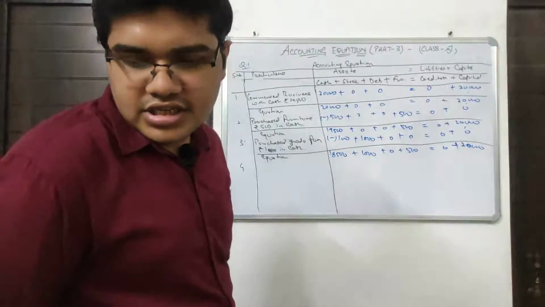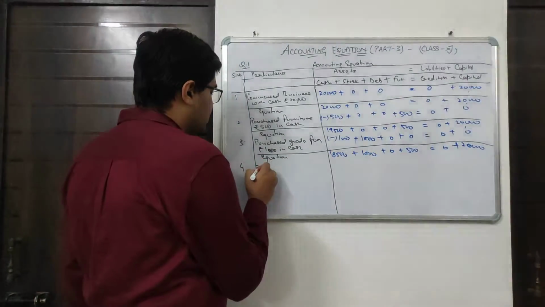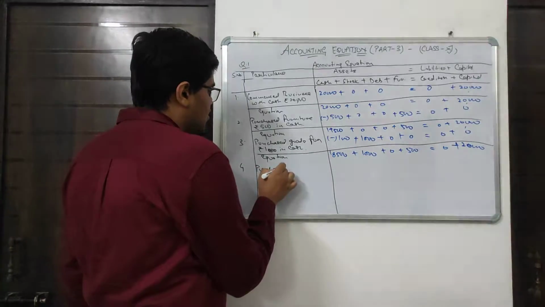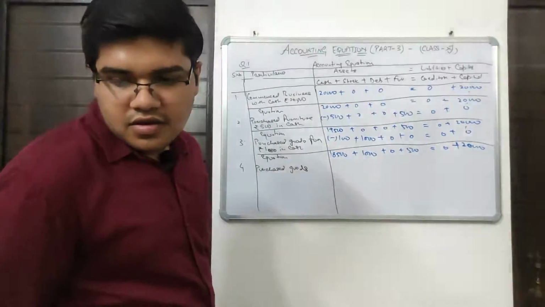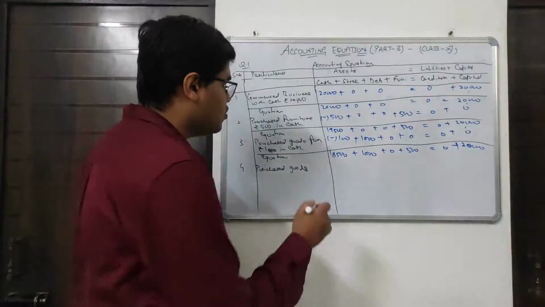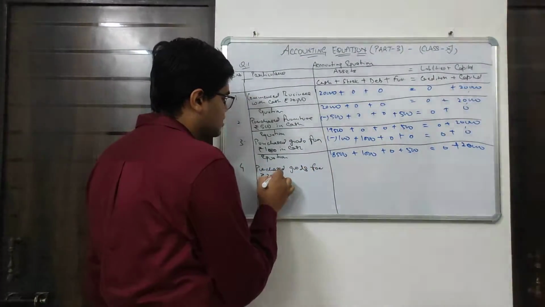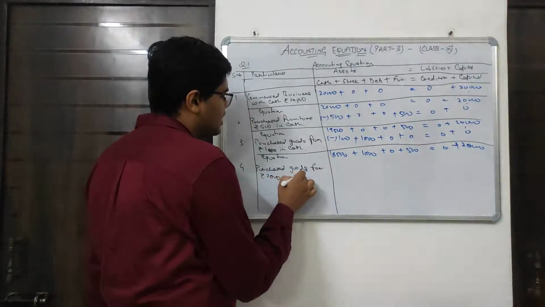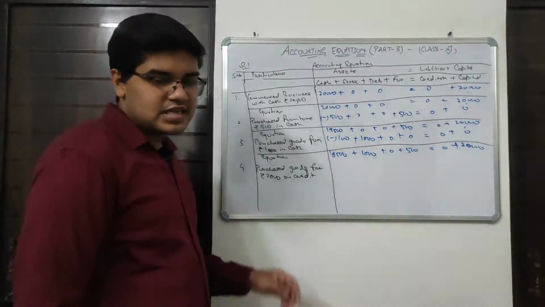The fourth transaction given is purchased goods for rupees 2,000 on credit. This transaction has already been discussed in the previous class.